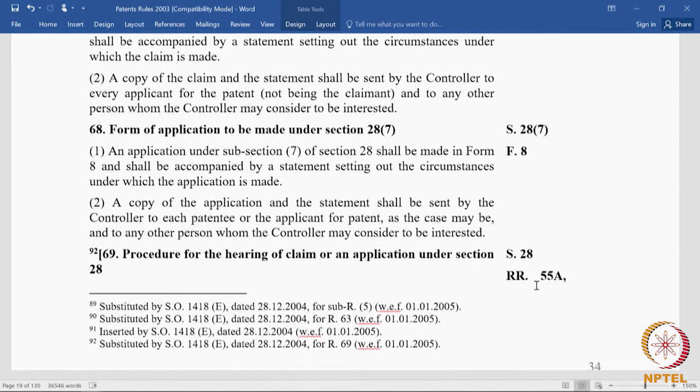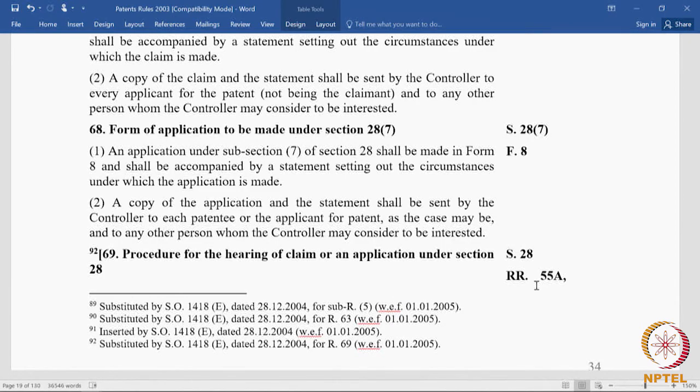So, this certificate operates like a rectification procedure, and if you compare the language of this provision 28(7) with the language in section 71, which is rectification of the register, this proceeding will also result in the rectification of the register, because eventually the controller will have to rectify the specification and the register.